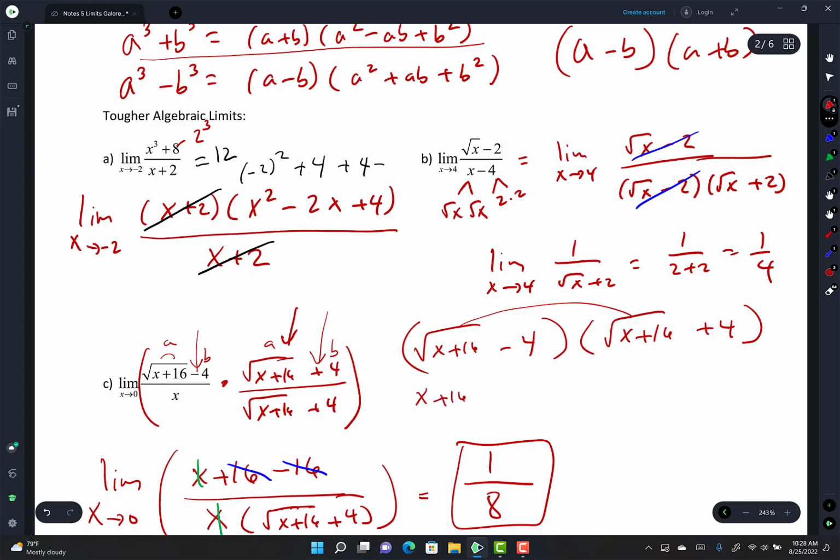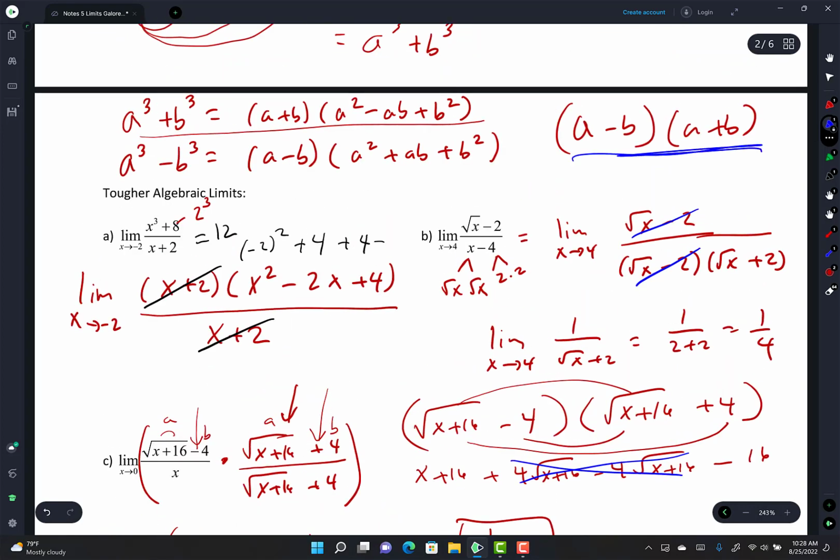Now I didn't FOIL it. I could have. Plus 4 square root of x plus 16 minus 4 square root of x plus 16 minus 16. And then look, these zero out. But I know that this is a difference of squares, so I can just go right into writing a squared minus b squared.